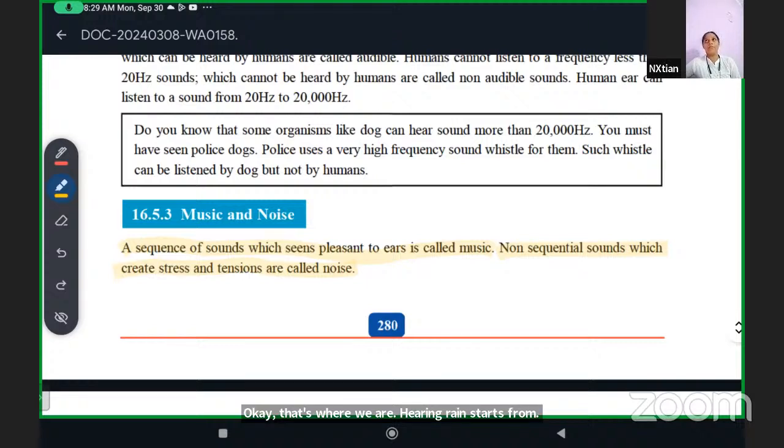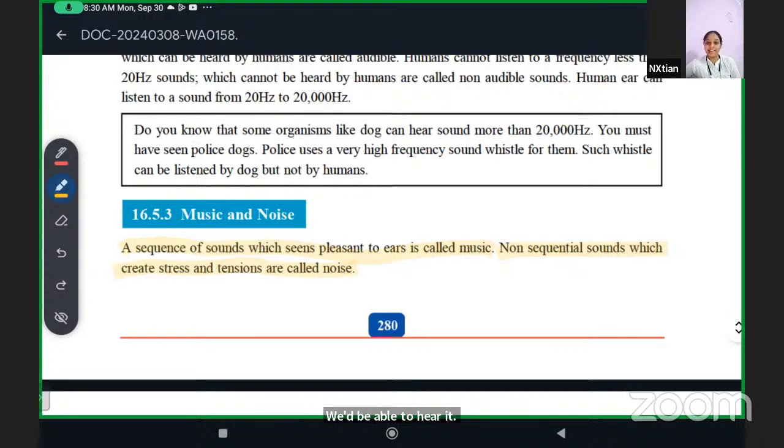But imagine if we were able to hear those very, very minute sounds, then we would hear everything going around us, every minute thing. We'd be able to hear a mosquito.